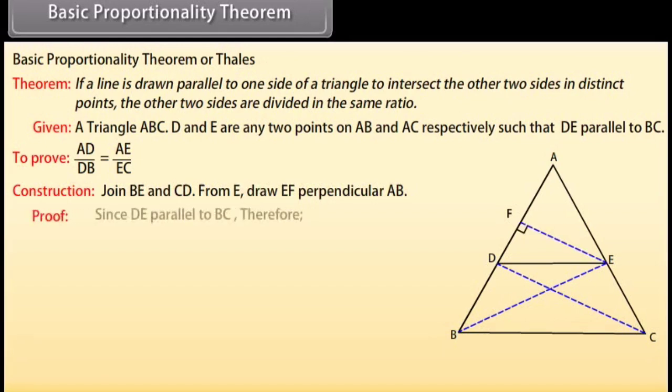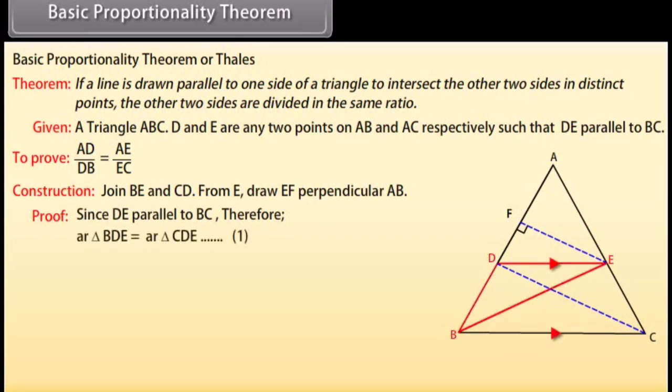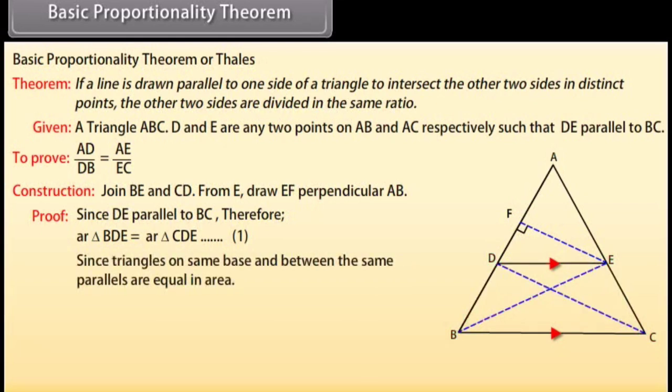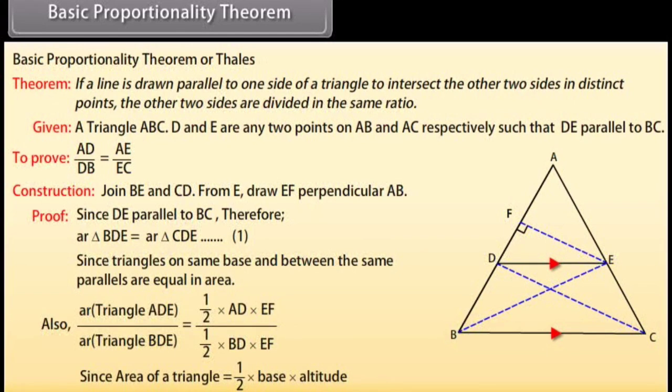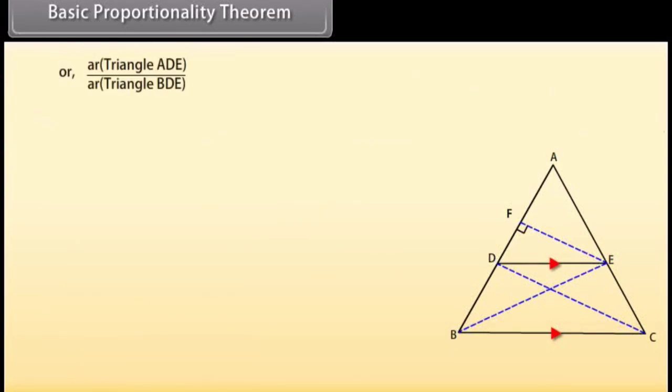Proof. Since DE is parallel to BC, the area of triangle BDE equals the area of triangle CDE. Mark it as 1. Since triangles on the same base and between the same parallels are equal in area, and since the area of a triangle is equal to 1 by 2 into base into altitude, the area of triangle ADE upon the area of triangle BDE is equal to AD upon BD.